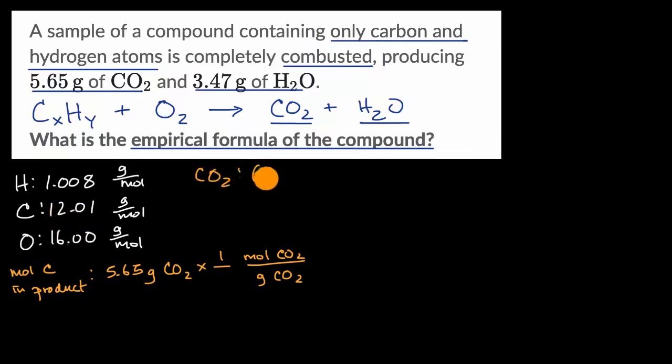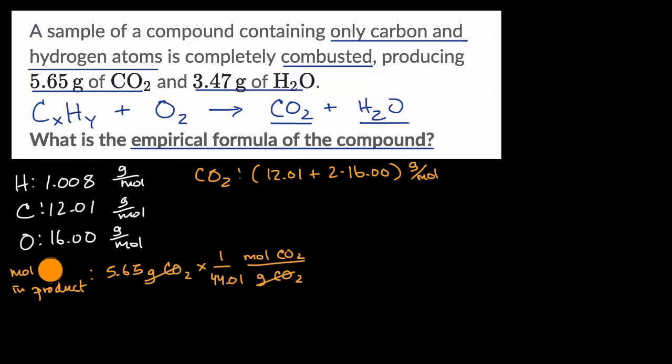So it is going to be 12.01 plus 2 times 16.00 grams per mole. This is 32 plus 12.01, so that is 44.01. And that's grams per mole, but now we're thinking about moles per gram, so it's going to be 1 over 44.01. And so if we did just this, the grams of CO2 would cancel with the grams of CO2, and this would give us moles of CO2.